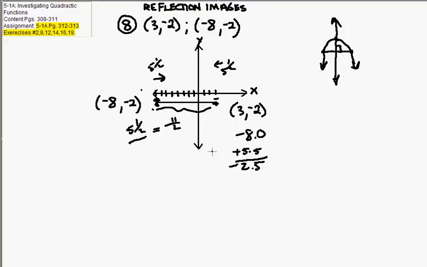And if I were to go from 3 minus 5.5, that's also going to give me negative 2.5.